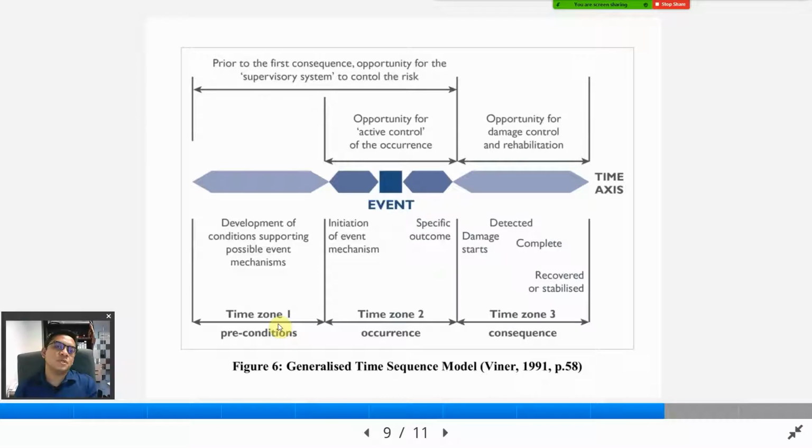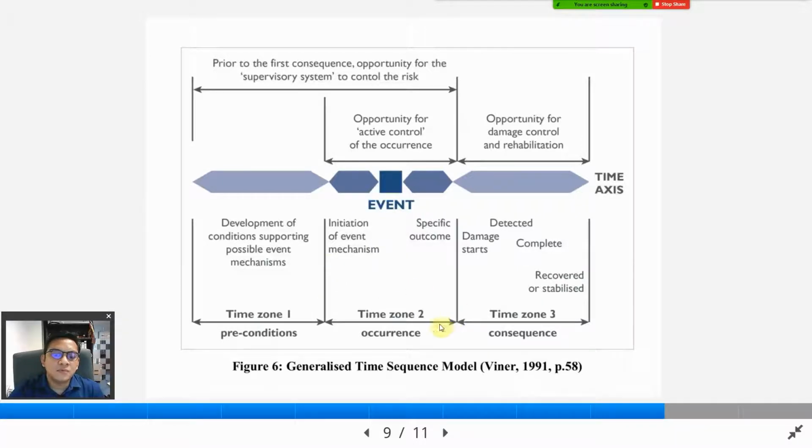Or if you use the term by Professor James Reason in the Swiss cheese model, it's called latent condition. And also active failures during this precondition. So these are all things that happen inside an organization, whether it is a failure or not, whether it is supposed to do or not, it all contributes to triggering the event.